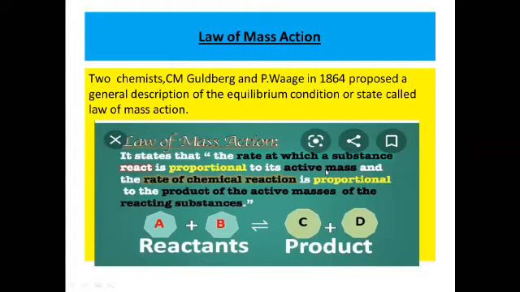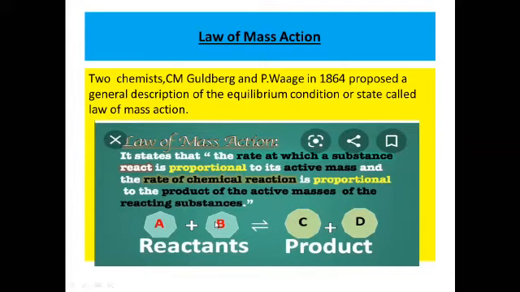What is active mass? Active mass is the concentration of A or B or C or D or any substance in the unit moles per decimeter cube, which is equal to molarity, also called molar concentration.